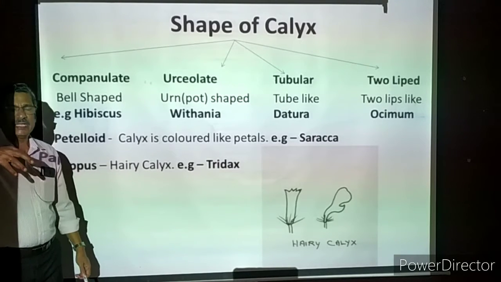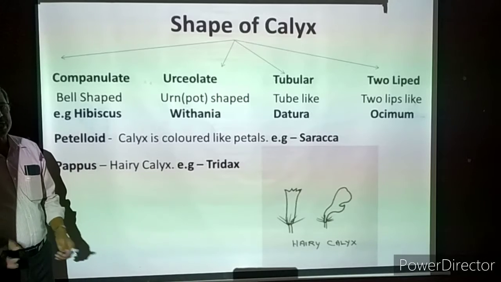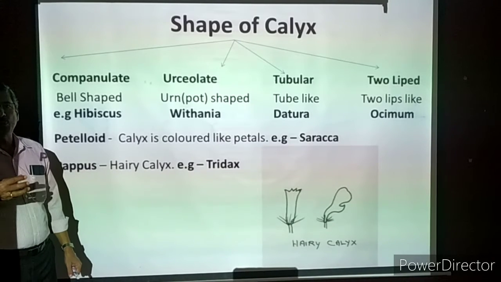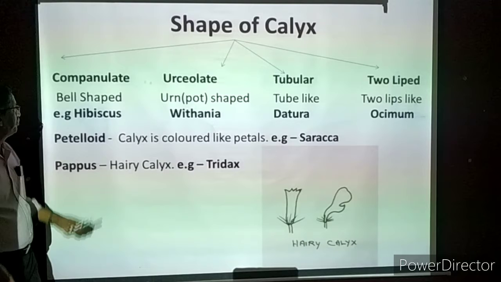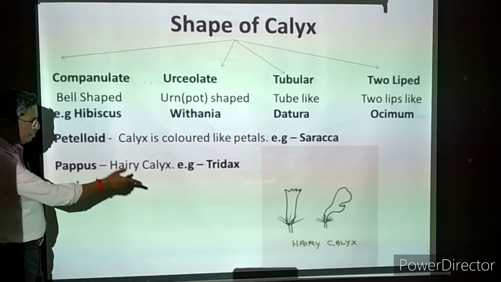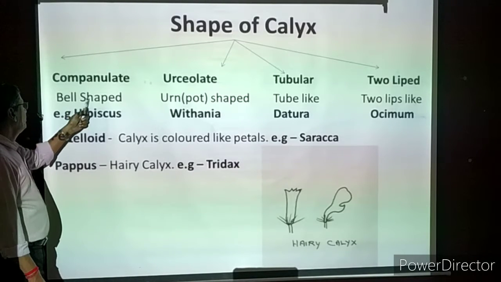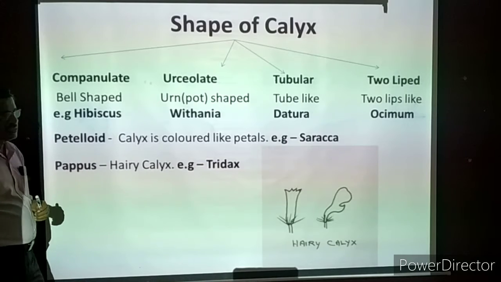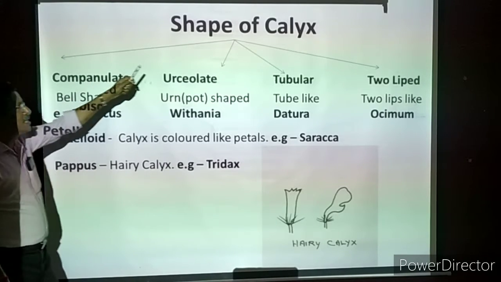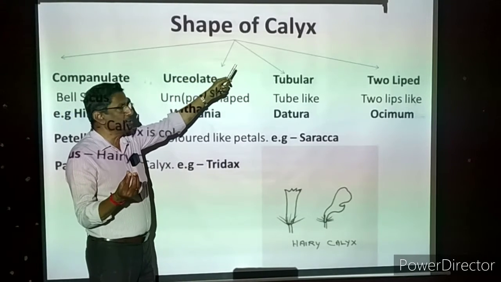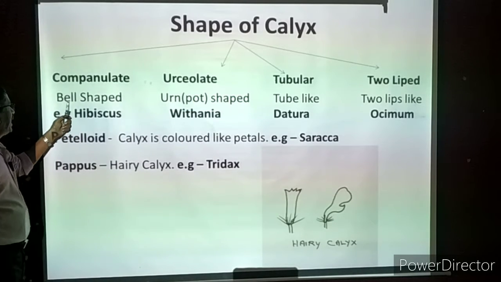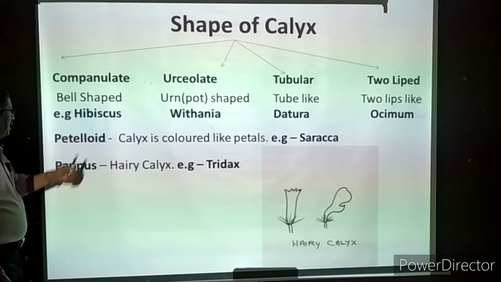If you take the whole calyx and remove all other parts, the calyx is like a bell shape. The picture will come later, you can understand with that. Example, hibiscus. In the hibiscus, the calyx alone, the green small cup-like structure, gives the appearance of a bell. So bell shaped, hibiscus.